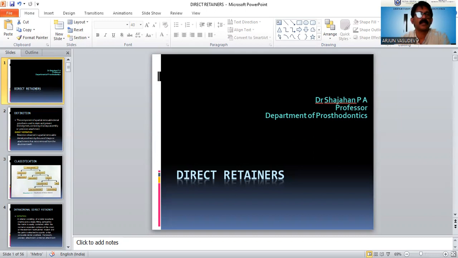Cast circumferential clasp is also called Akers clasp. All components of the clasp assembly are made of cast alone. The retentive terminal should originate above the height of contour and terminate below it.